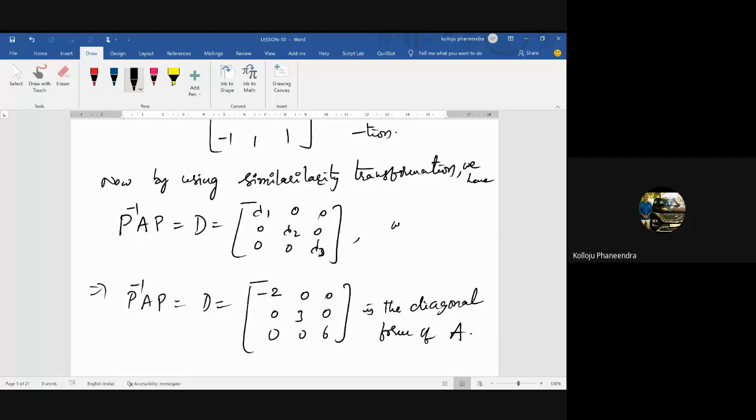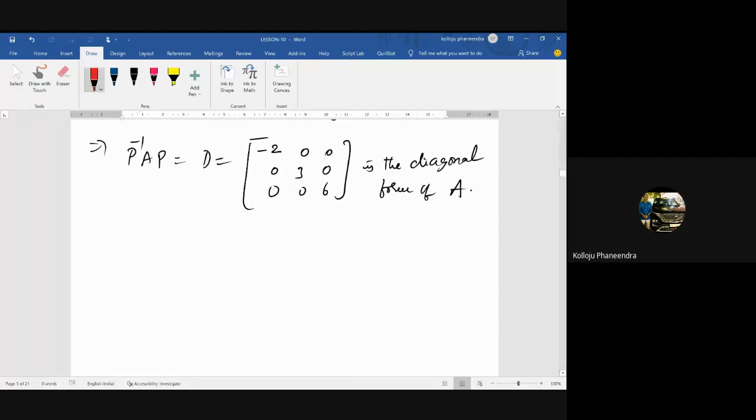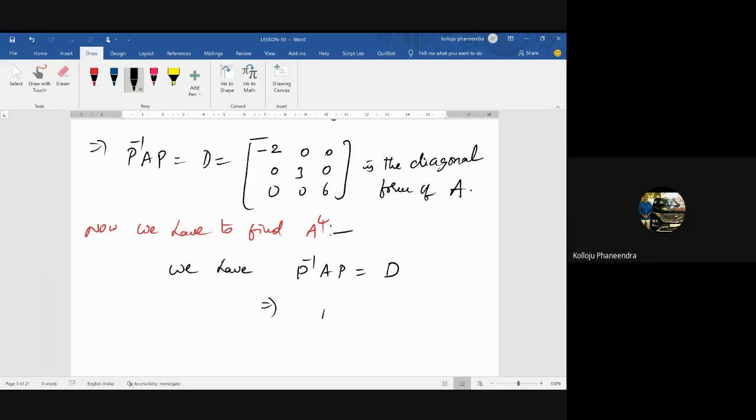One part is over. Now, what is the next question? Now we have to find A power 4, powers of A, I told you. We have P inverse AP equal to D. That implies, I already told you, A equal to: first multiply by P on both sides, D, next multiply by P inverse.